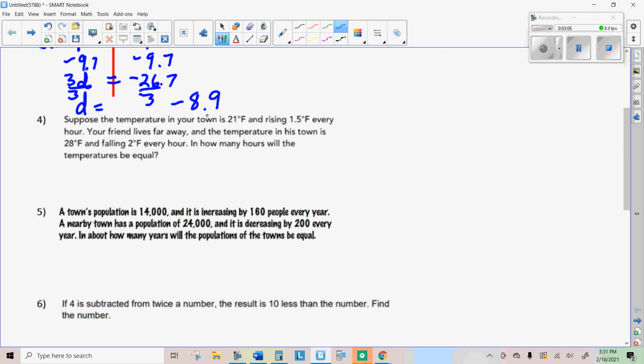It says, suppose the temperature in your town is 21 degrees Fahrenheit and is rising 1.5 degrees every hour. I can represent that by 21 plus 1.5 times x, where x is the number of hours it's rising.